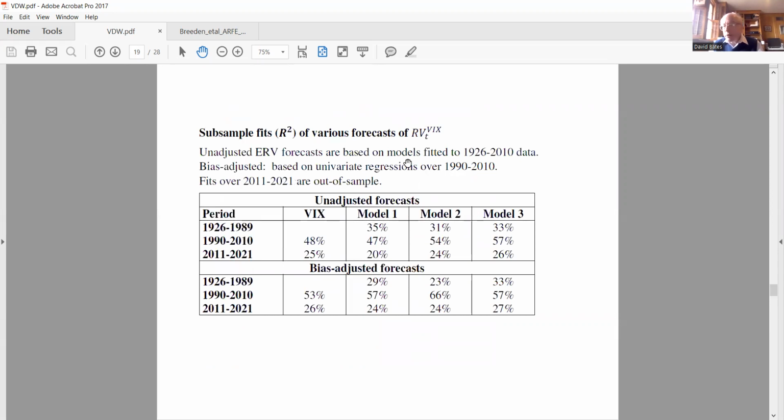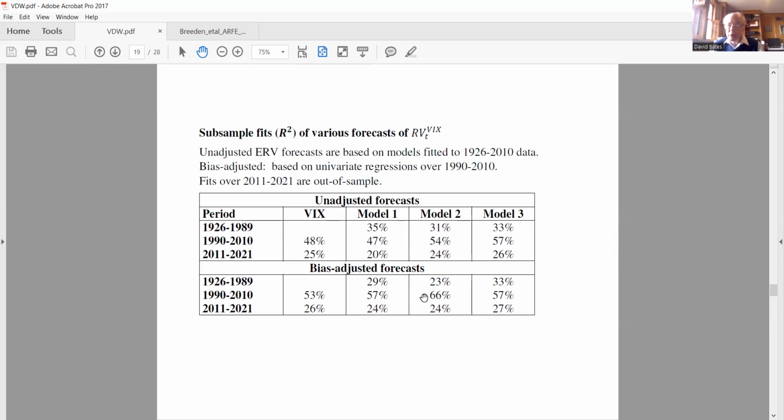And here's an R squared. Here's just a horse race. On an unadjusted basis, this model 3 that incorporates the VIX information into its forecasts of y is doing the best, but pretty comparable to model 2.